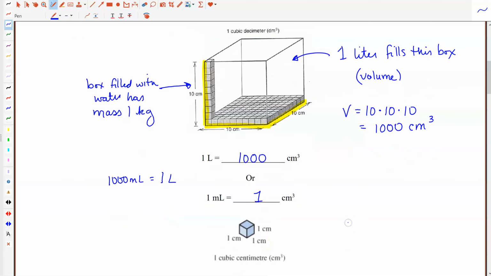So in other words, if I take a cube that is 1 centimeter by 1 centimeter by 1 centimeter high, and I fill it with liquid, for instance water, 1 milliliter would fill that box.